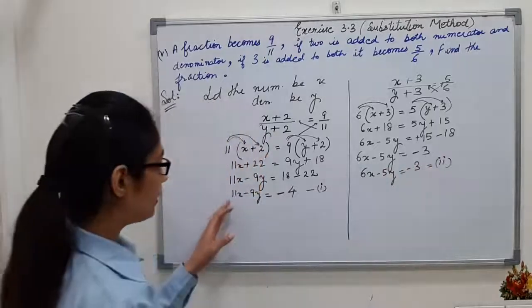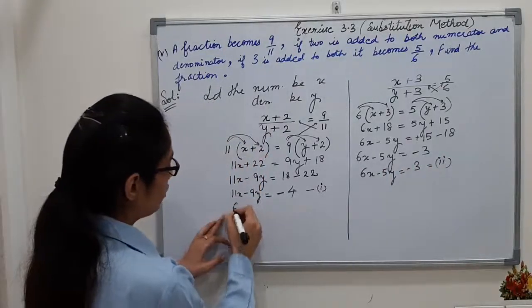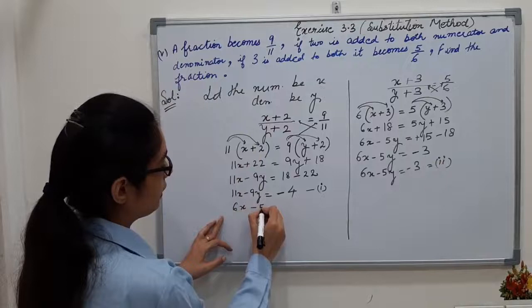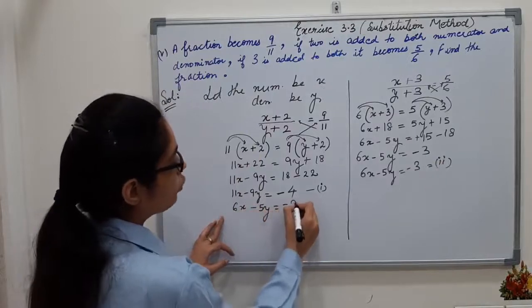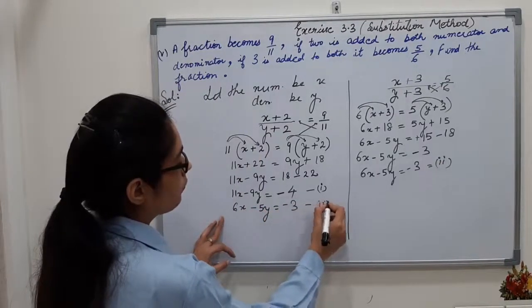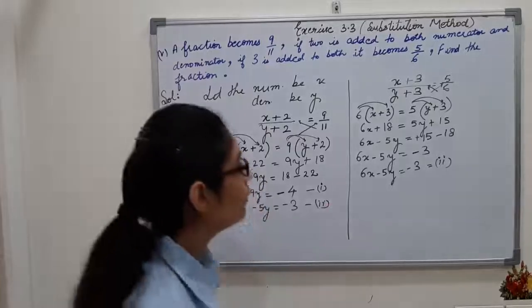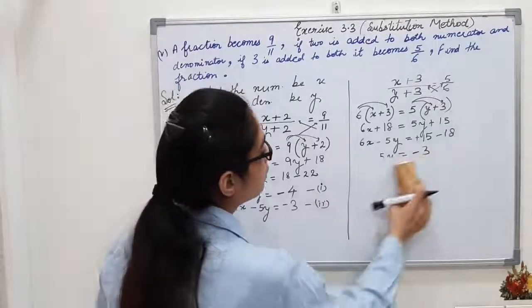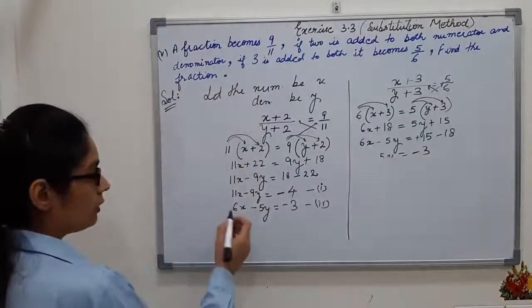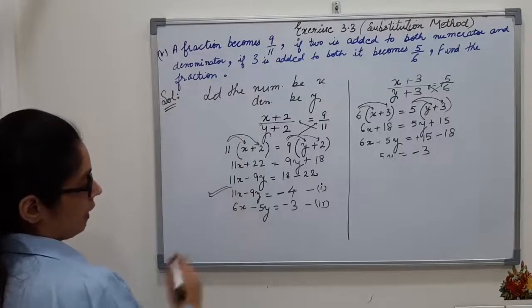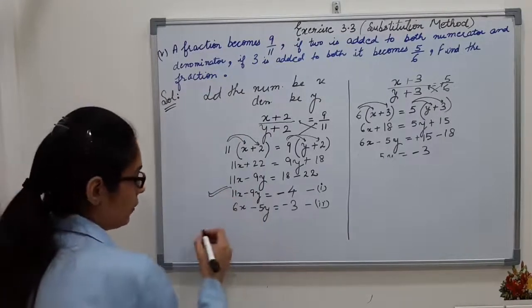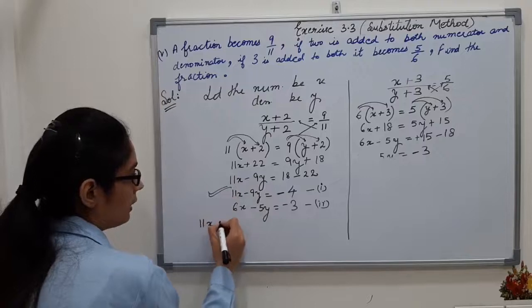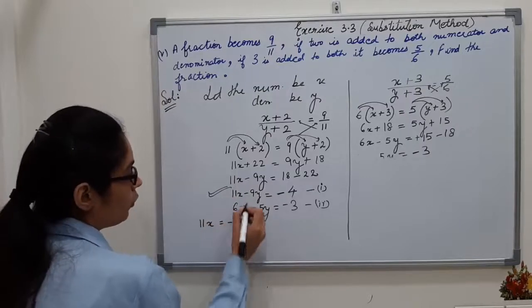So I've got two equations now. I'll write my second equation here also: 6x minus 5y equals minus 3. Now I'll do the substitution method in the same way as I was doing earlier. I'll find the value of x from the first equation. 11x equals minus 4 plus 9y.